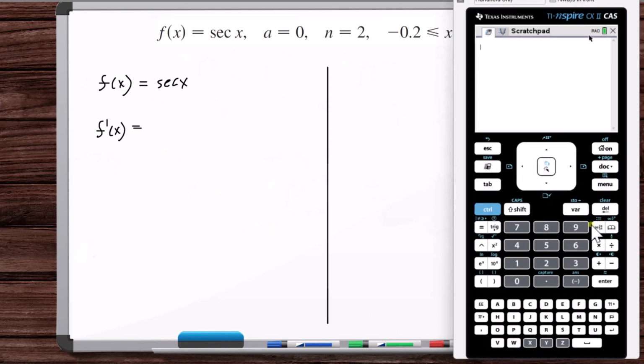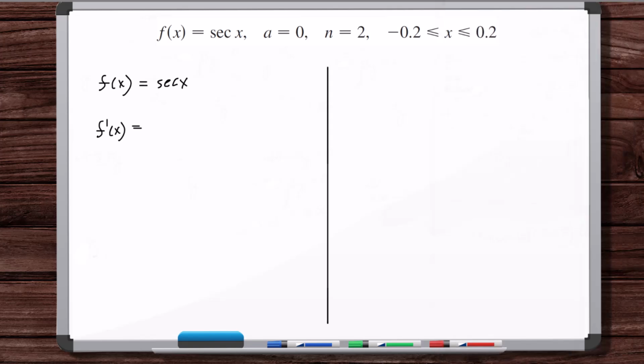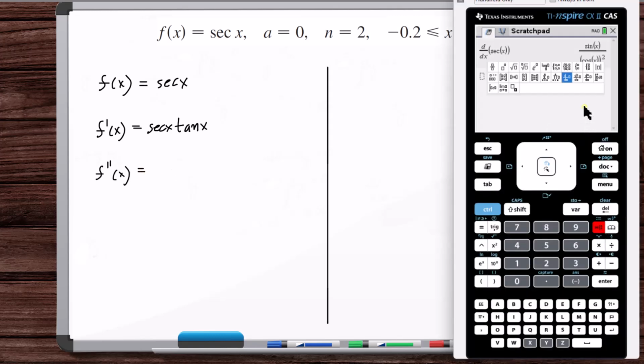So that's tangent x times secant x. Let's do the second derivative.